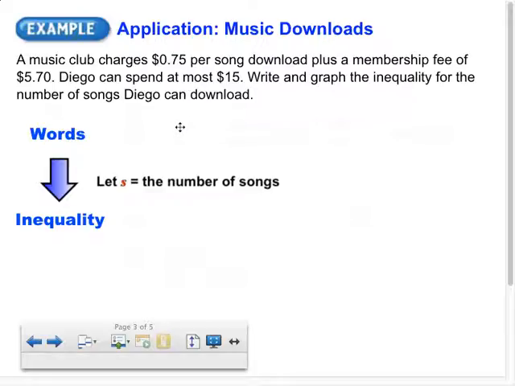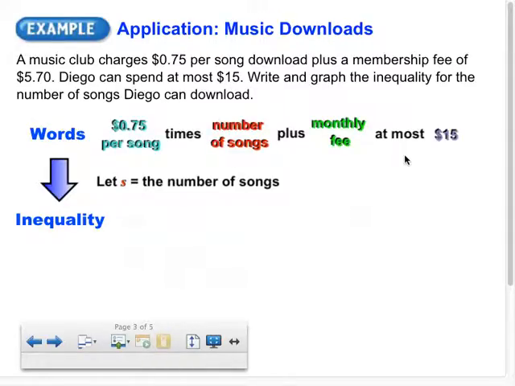If I have at most $5 in my pocket, how much can I have in my pocket? I can have at most 5. So what's that mean? Can I have $5 in my pocket? Yes. Right. So that means what's my inequality going to be? It's going to be equals in there, right? So he's got to be less than or equal to the $15.